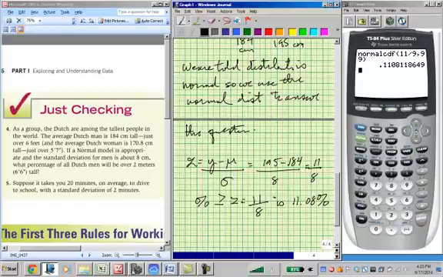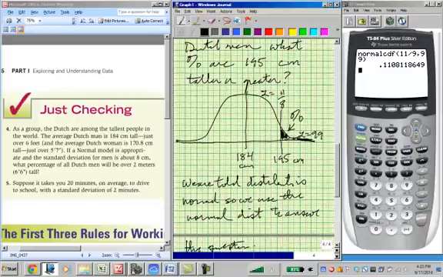So approximately 11% of the Dutch men. That's the area under the curve; this curve represents all the Dutch men, from the very shortest down here to the very tallest over here somewhere. And what we're saying is approximately 11% are 195 centimeters or taller.